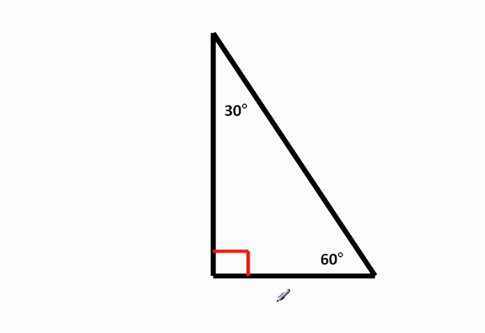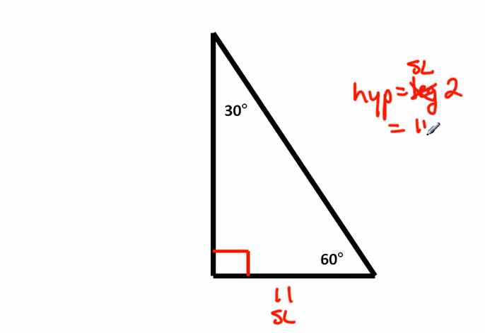My next example, let's look at a bigger number. Let's look at 11. So if the short leg is 11, I want to find the hypotenuse, and I know the hypotenuse is equal to the short leg times 2. So what is my short leg? It's 11 times 2.